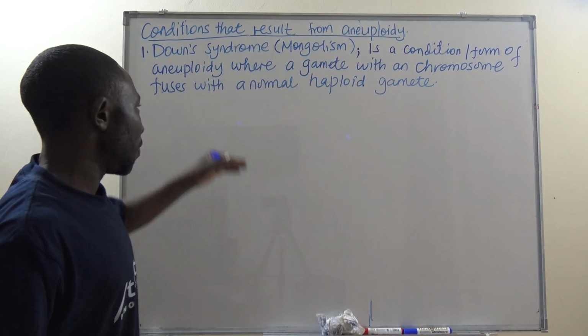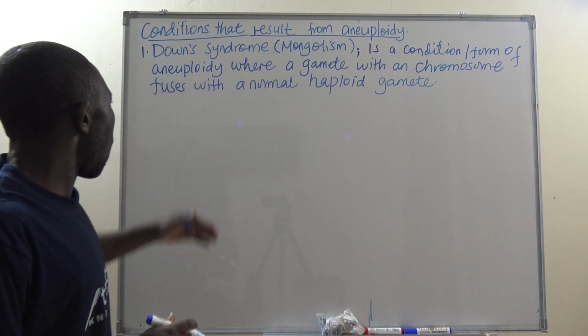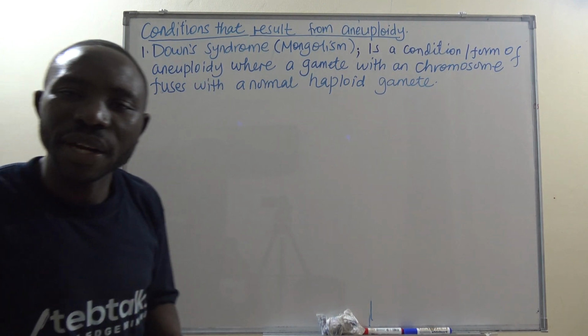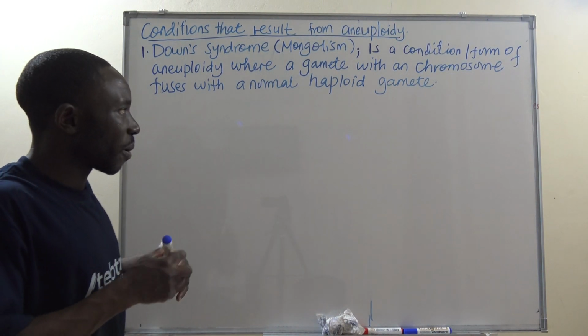So that is what we call Down's syndrome, a condition or a form of aneuploidy, where a gamete with an extra chromosome fuses with a normal haploid gamete.